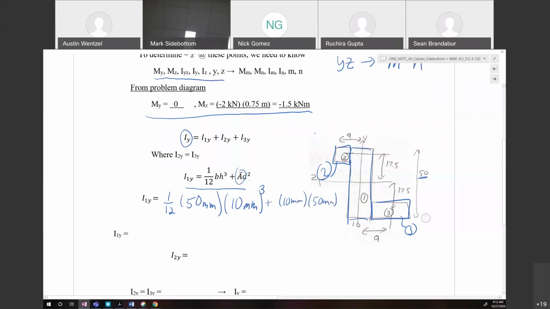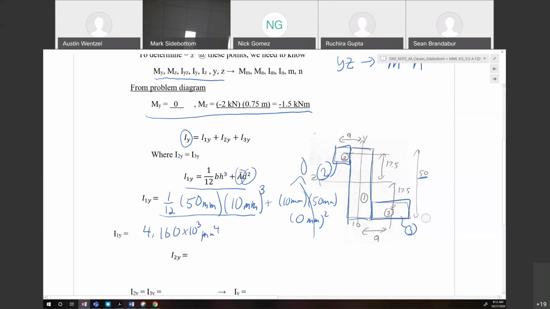But the distance between the centroid of area 1 and the y-axis is 0, so this term on the right-hand side is equal to 0, and we're left with just this term. What we end up getting is Iy1 equal to 4.166 times 10 to the third millimeters to the fourth.